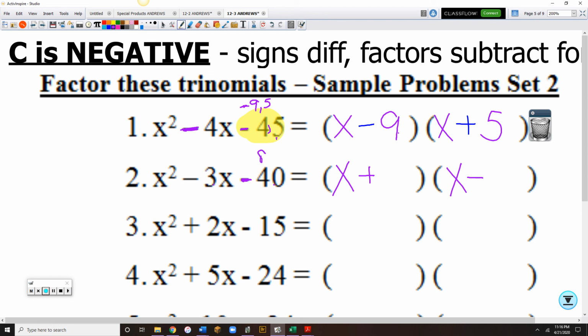Okay, so I've got 8 and 5, and I'm keeping those in my head. I'm not just throwing them in there because I have to think about where they go. Okay, so my 3 is what helps us decide where they go. This 3 is a subtract. That means the larger number is the one that gets the subtraction sign in the binomials. So the 8 goes here, the 5 goes here.